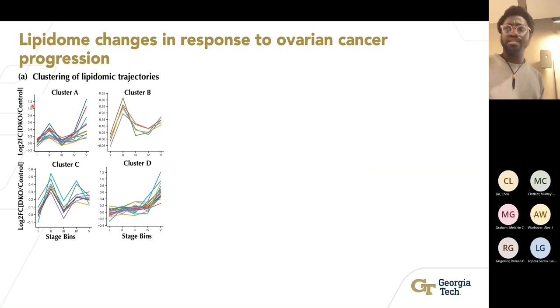On the y-axis, you have the log-fold change of the DKO metabolite abundance relative to the control. And on the x-axis, you're seeing the stage. So this is contiguous, it's progressing: lifetime stage 1, stage 2, stage 3, stage 4, and stage 5. And essentially, we now identify about 4 clusters of lipids that have similar trajectories over time.